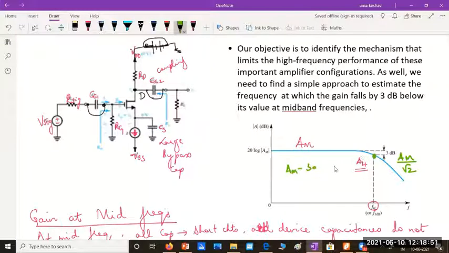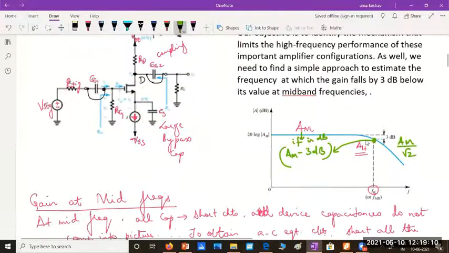If in dB, it is like this. If it is not in dB, then at this point, it will be max value by root 2. That's how you find this upper and lower cutoff frequency.